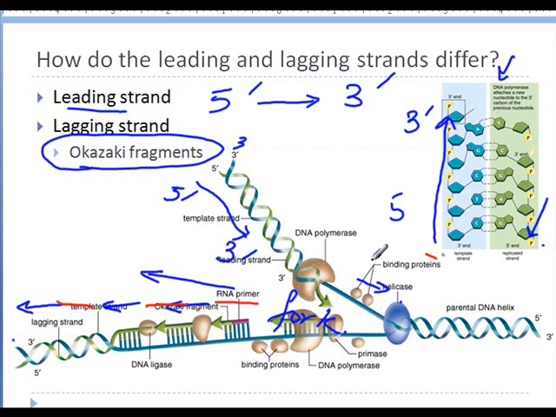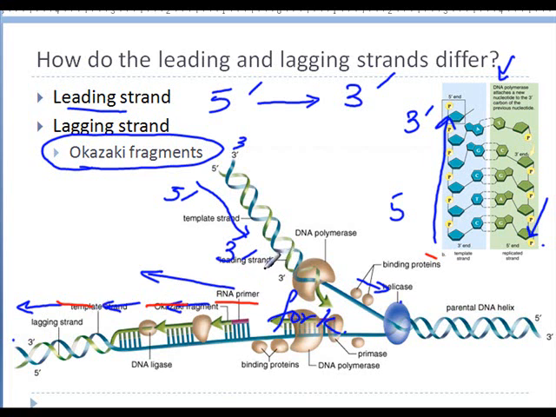Therefore, before the replication begins, an enzyme, which is the helicase, will separate the DNA strands, there are proteins called the binder proteins that hold these two strands separately, and the replication will continue in a continuous process in the leading strand, but a discontinuous process for the lagging strand.